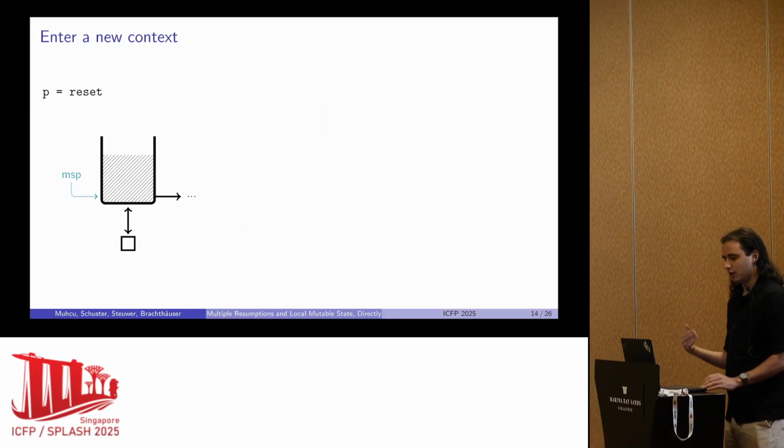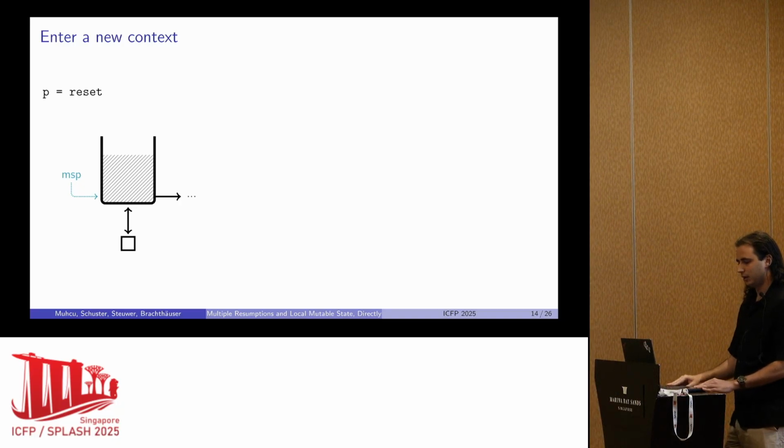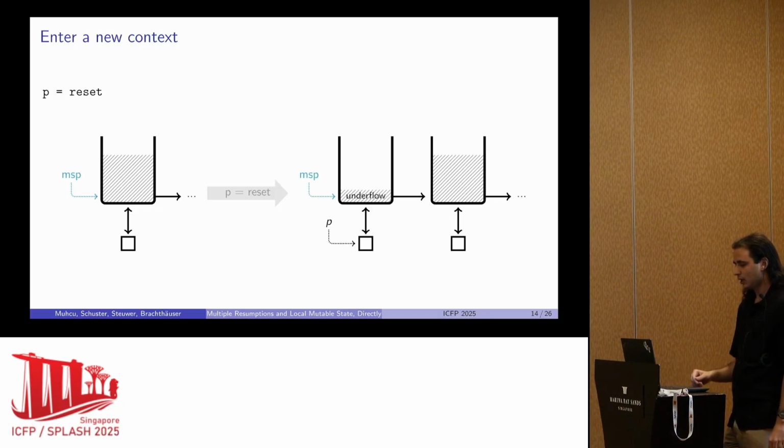Now, in this setting, if we want to enter a new context, or if we execute reset, we just allocate a new stack and a new prompt, and link it to the meta stack, also updating the meta stack pointer.